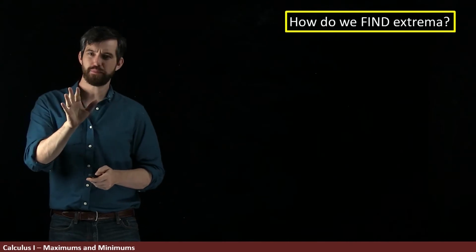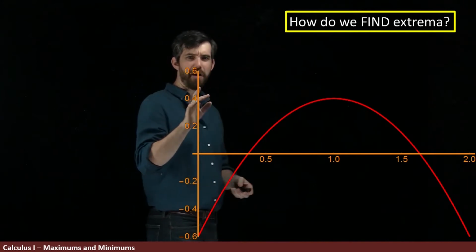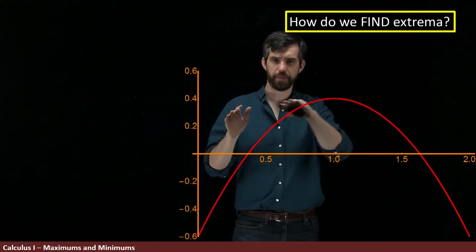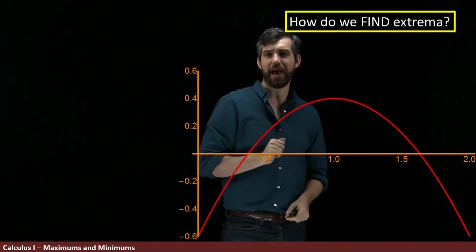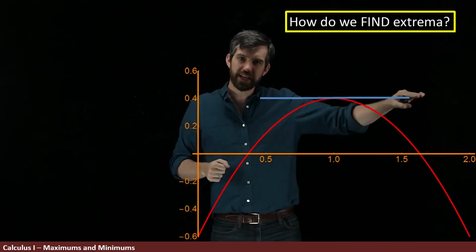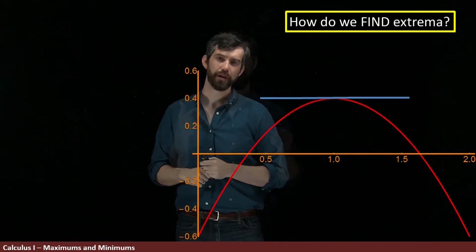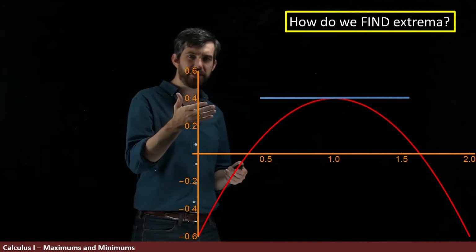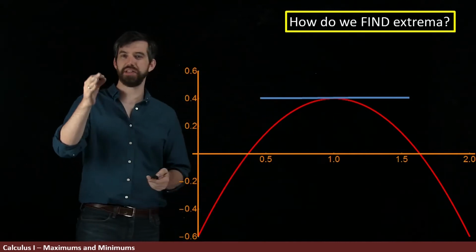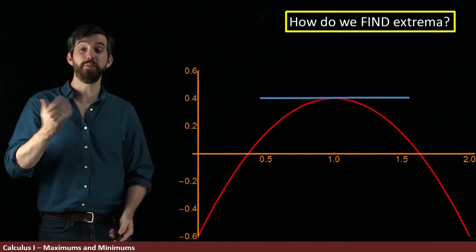Let's go back to that parabola that we saw before. I want to notice something about the maximum that we have here. If I look at this maximum and I put its tangent line on here, well, its tangent line looks like it's completely horizontal at that particular maximum point. That is, this horizontal tangent line means that the derivative at this particular point 1 is going to be equal to 0.